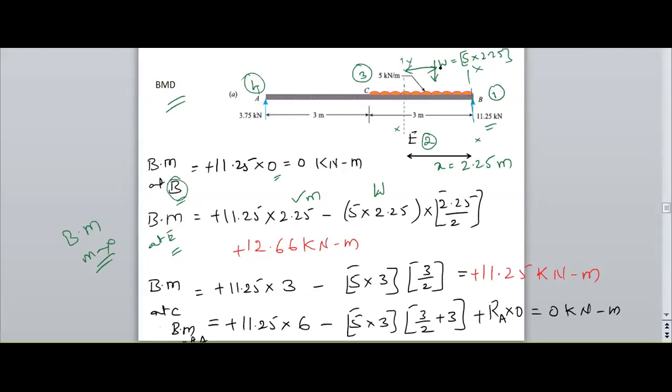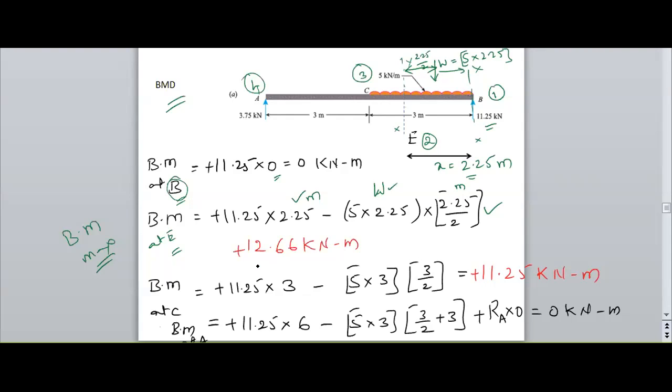The point load will be equally distributed, so the distance is 2.25 divided by 2 from E. This is the distance of the point load.